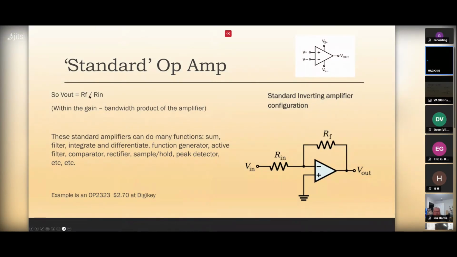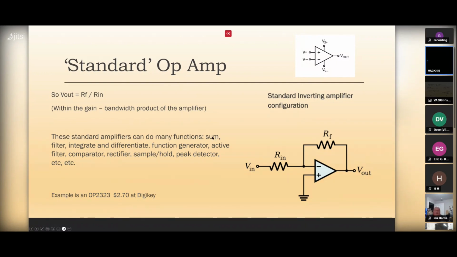Sorry, just continuing on here. The voltage output on the non-inverting is the feedback over the input resistance, within the gain bandwidth product of the amplifier, which we'll come back to in a minute. These amplifiers can do all kinds of stuff.